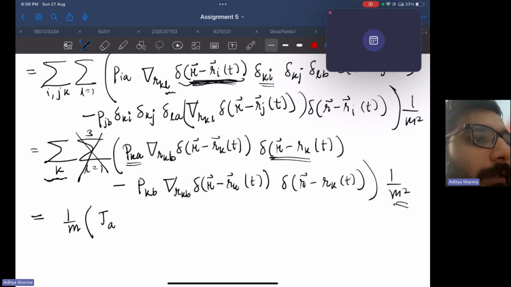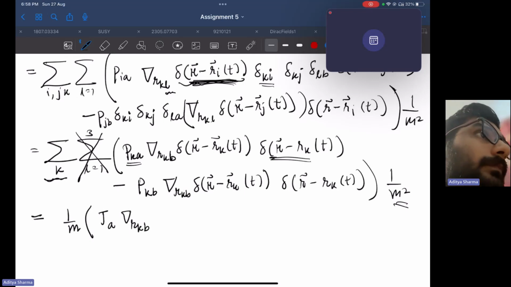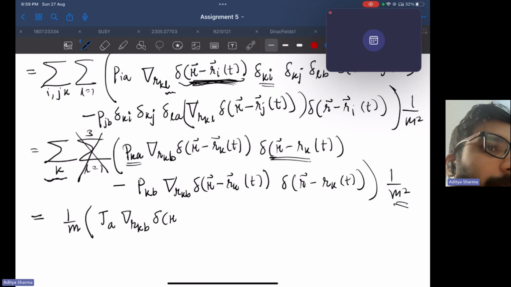So J_A, this R, K_B, Dirac delta of R. There's a problem.